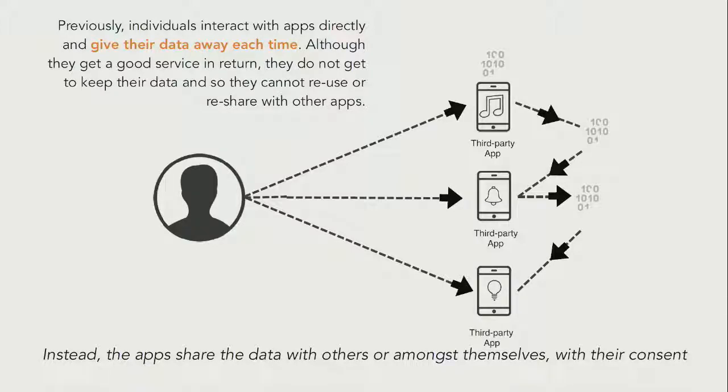You do not have a copy of the analytics that they run on your data. So you cannot reuse or share it with other applications. Say your email, it's impossible to share your email data with another application. Forwarding email is passing a copy over. That's not true sharing of data.